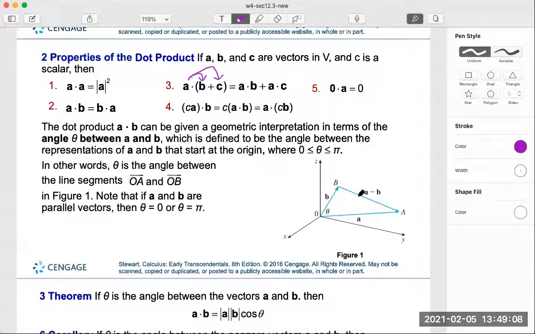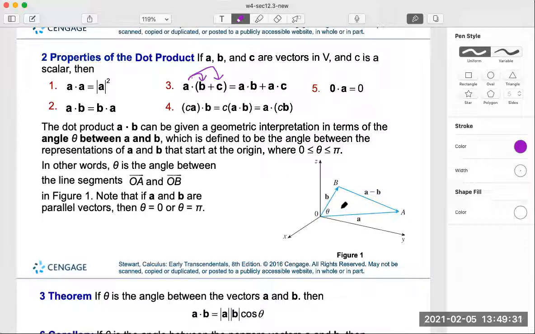And here is the geometric interpretation of this dot product. The angle between vector A and vector B, we call it angle theta. It is defined to be the angle between the representations of vector A and vector B here.